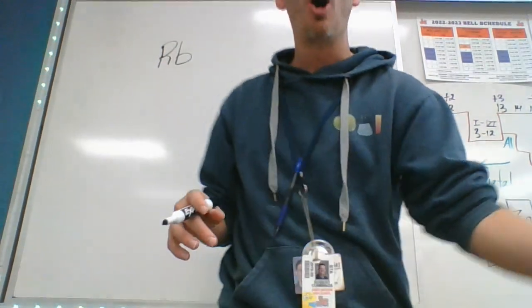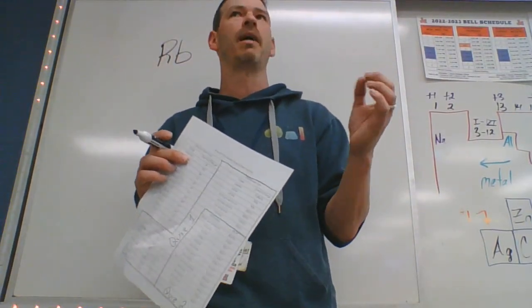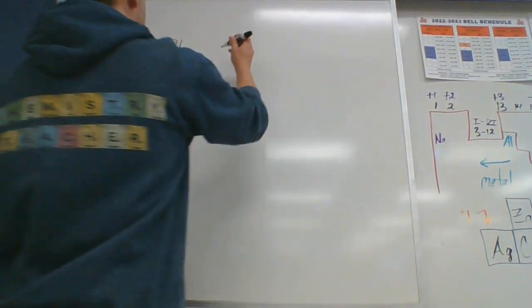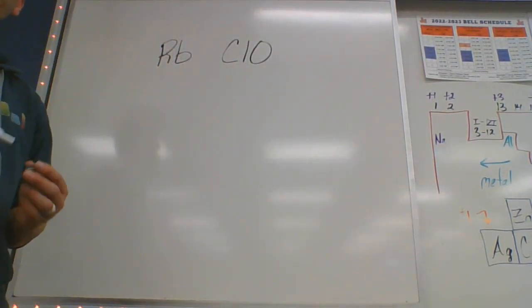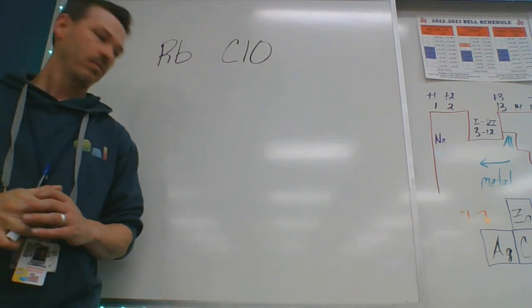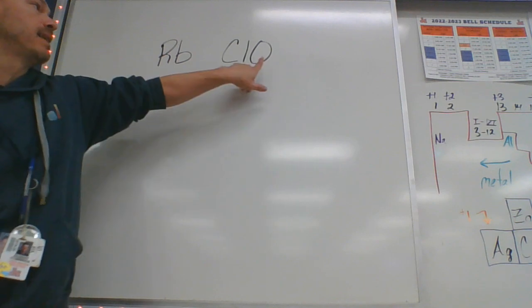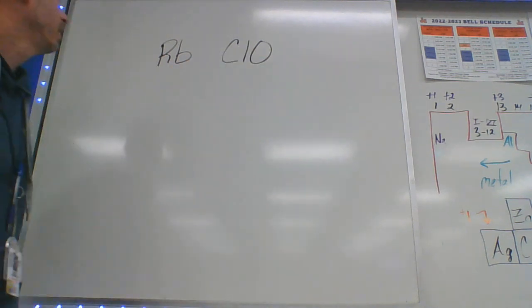Hypochlorite is on your polyatomic list, and those of y'all that memorized them like you were supposed to, you knew that as soon as you saw that word, right? Hypochlorite is listed as ClO. Now, I know this is going to be ionic because there's a polyatomic as a part of it, so automatically ionic, all right?